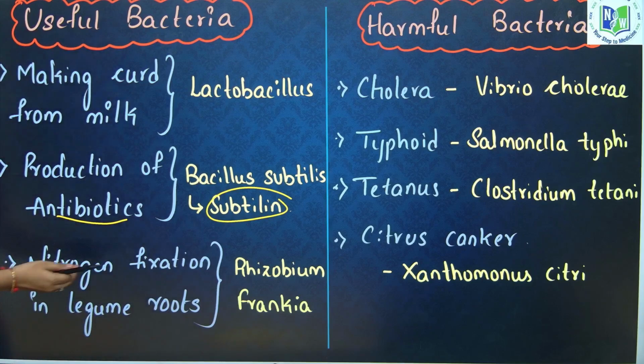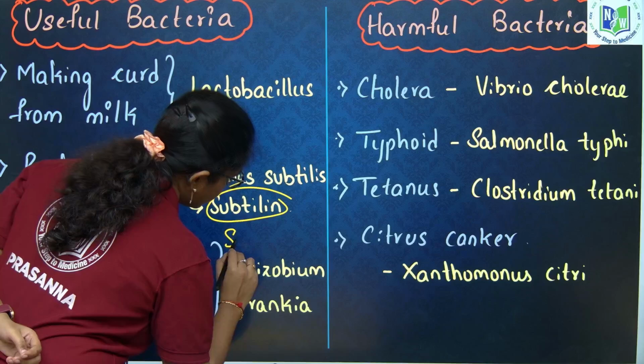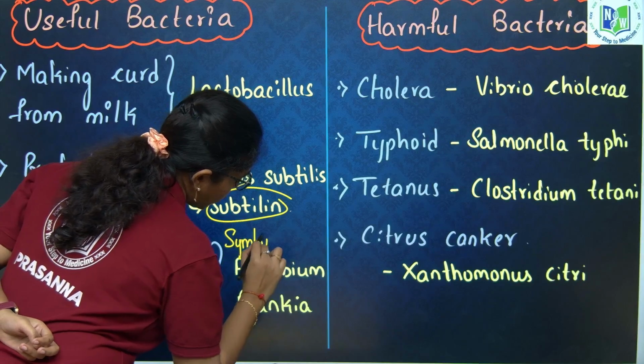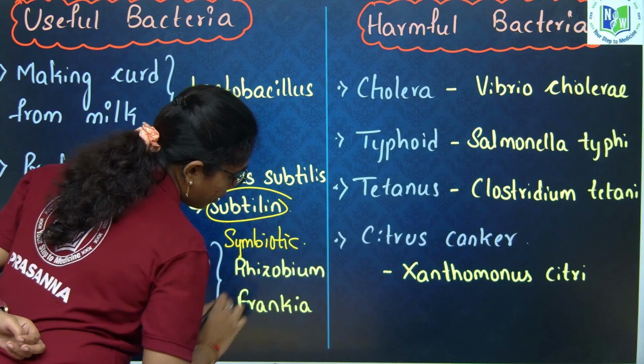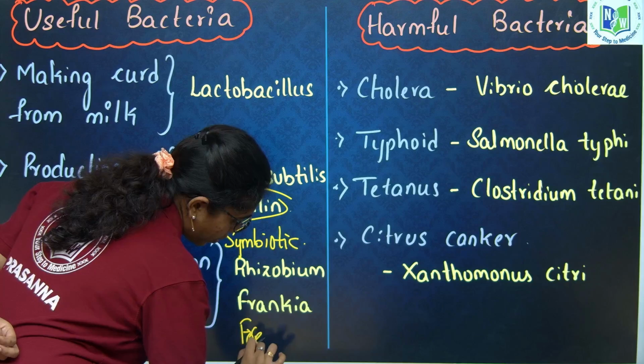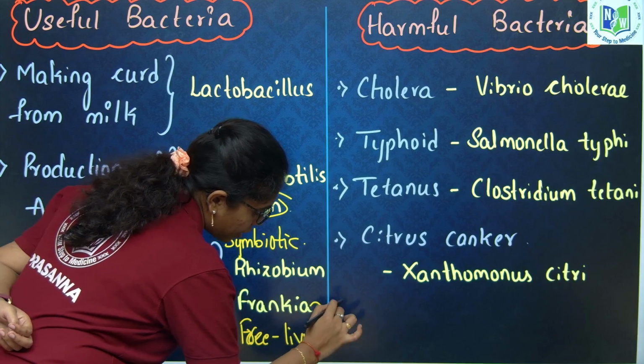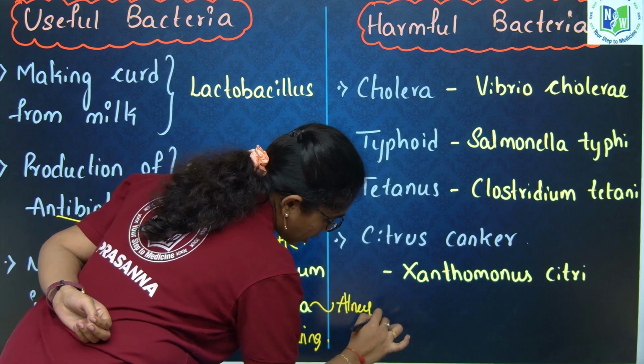Next, nitrogen fixation in leguminous roots are of two types, rhizobium and frankia, of which rhizobium is symbiotic, frankia are free living nitrogen fixing bacteria attached to alnus plants.